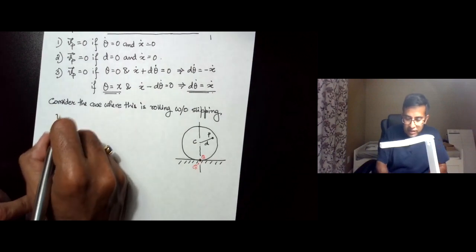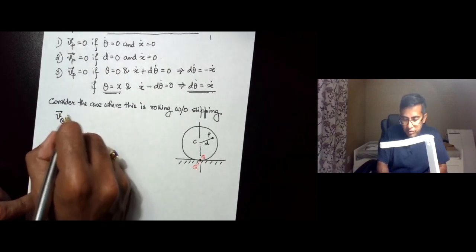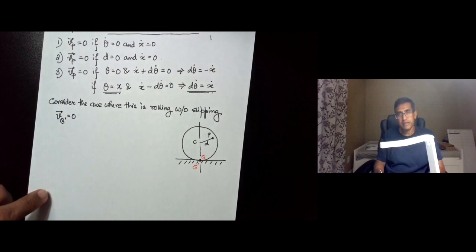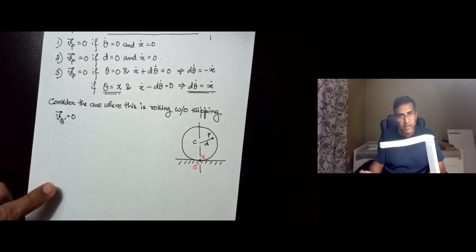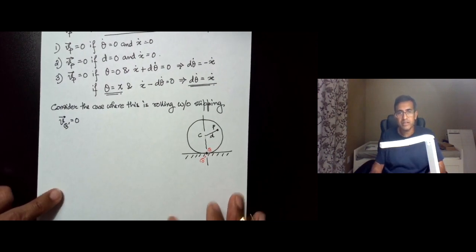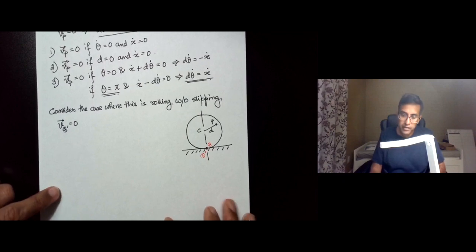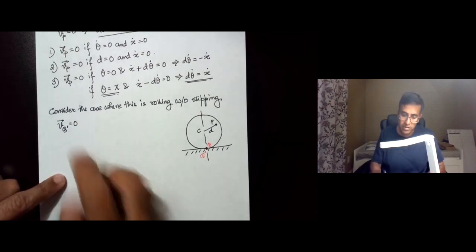So you would agree that VQ prime is equal to 0, right? Because it is the ground, and in our problem we have not considered the ground to be moving. So VQ prime is equal to 0.